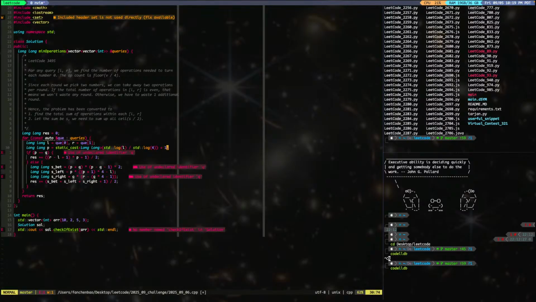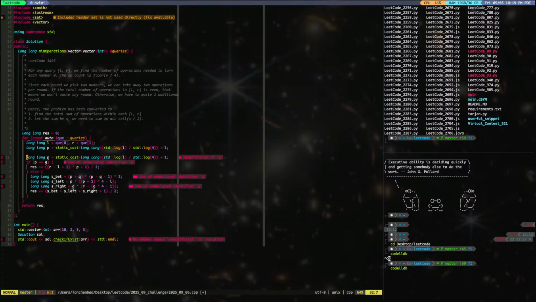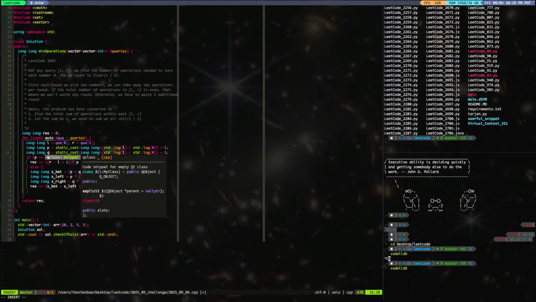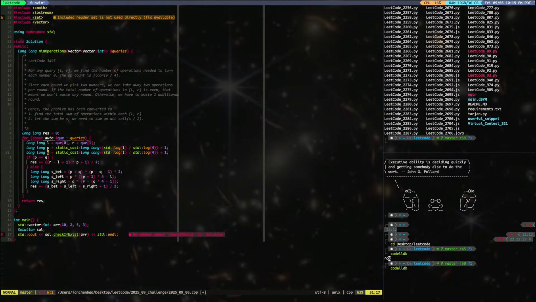And then we do the same for Q. So instead of L, this is going to be R. So I have P and Q, and then I think this is still right. Okay, this is still right. Times P, because there's a number of operations, that's still right. Here is wrong.